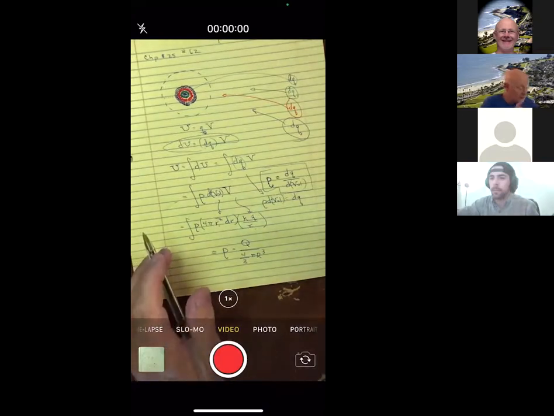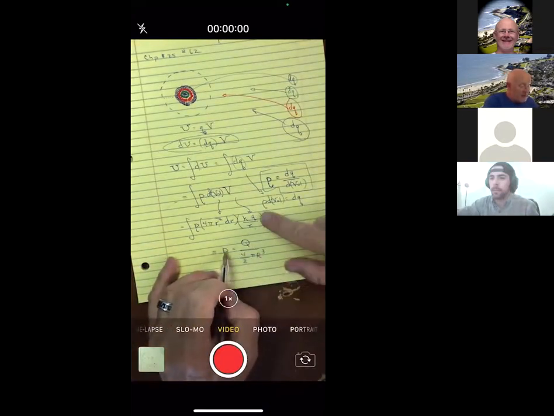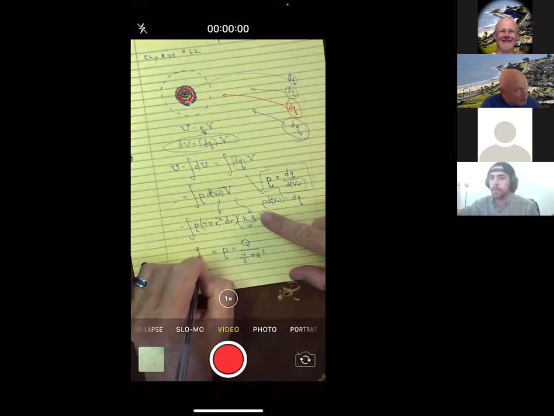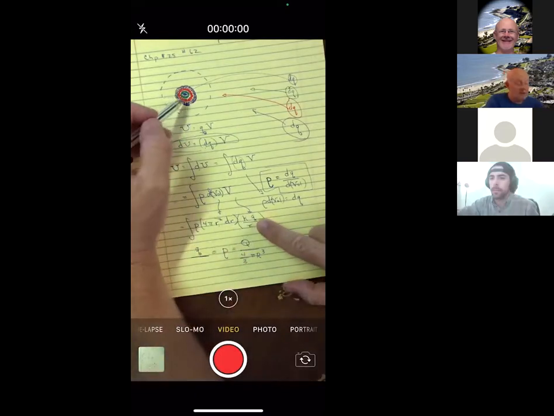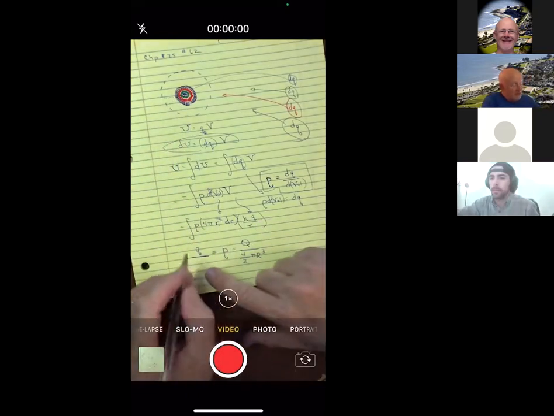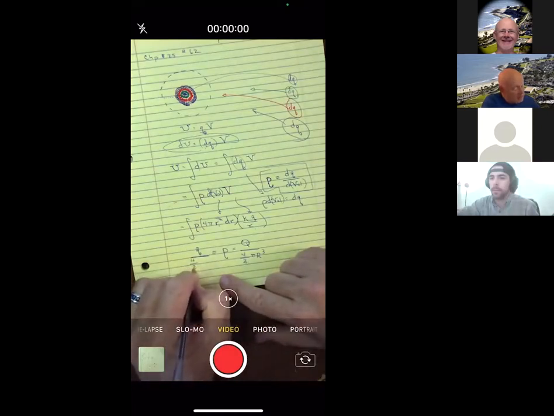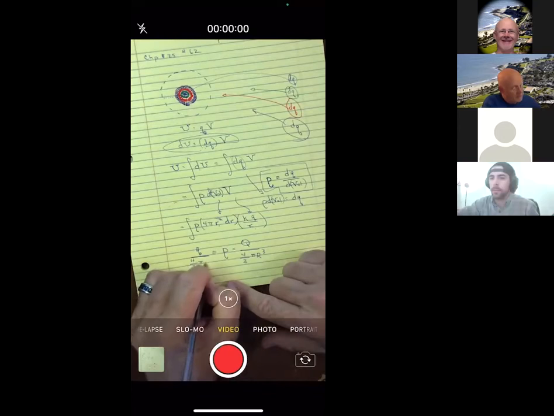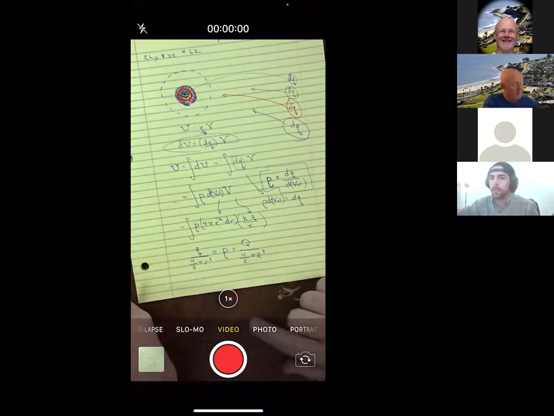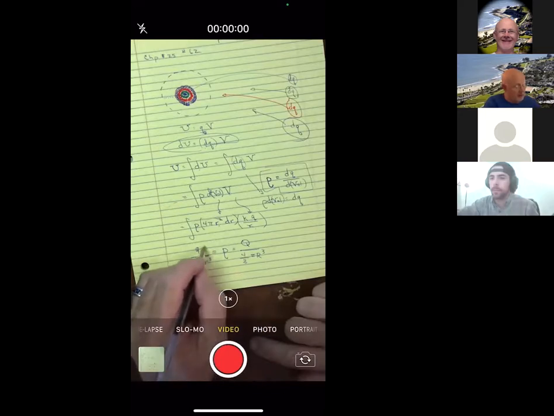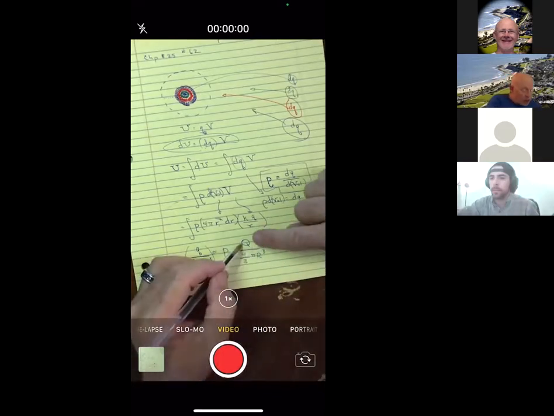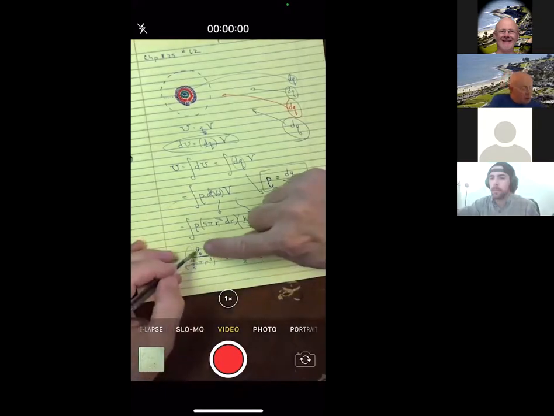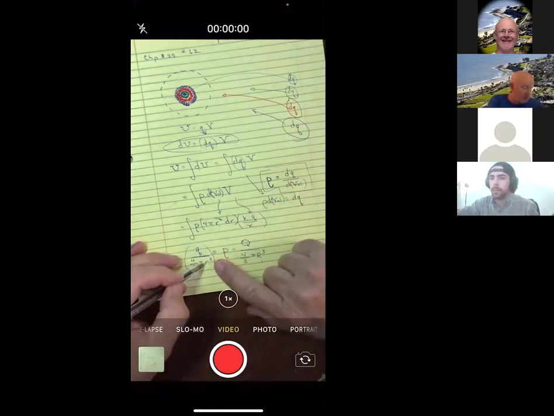What's going to be useful for me is I can think of the density as the charge that is represented by the first three layers, as long as I divide it by the volume of the first three layers. So notice I used a little r, because the first three layers only have a radius of little r. So if I use the whole charge, I've got to use the whole radius. But if I use part of the charge, I can use part of the radius.